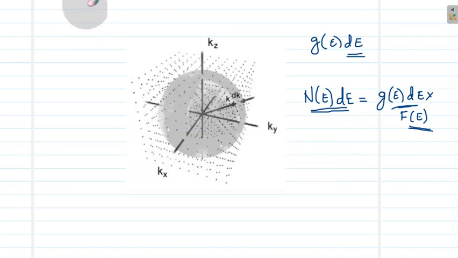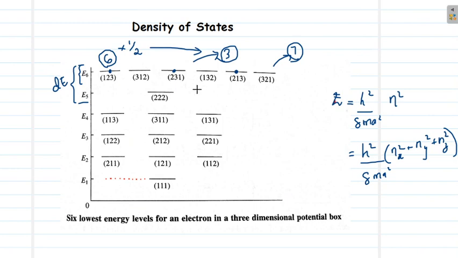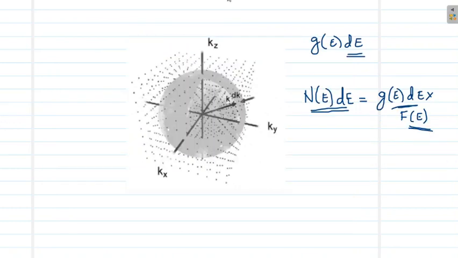Now in order to find G of E dE, what should we do? If the energy levels are low, when the number of states is very small, we can count the number of states within an energy interval. But when we come into higher energy levels, it is not possible to find the density of states in that manner.